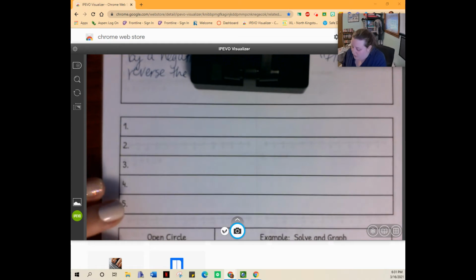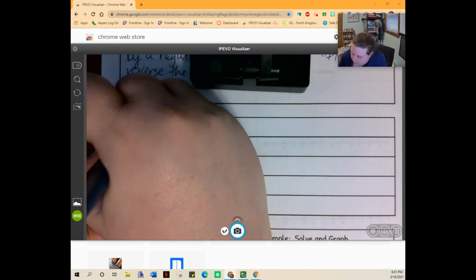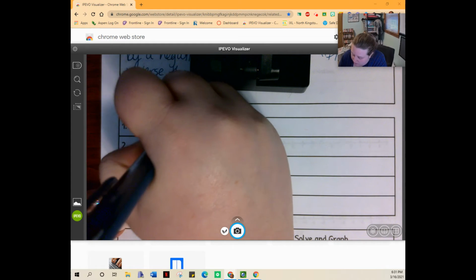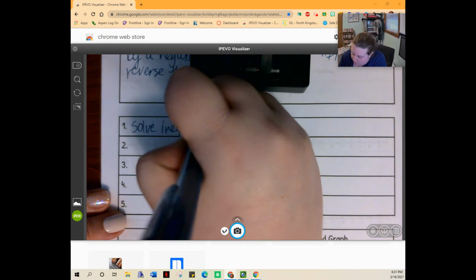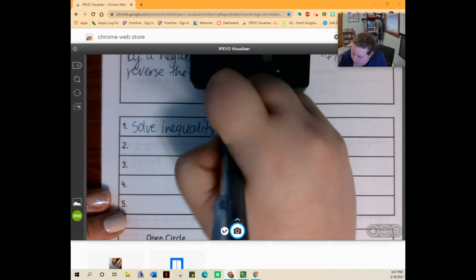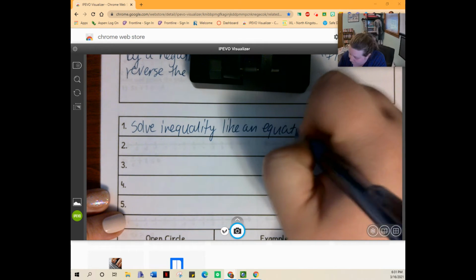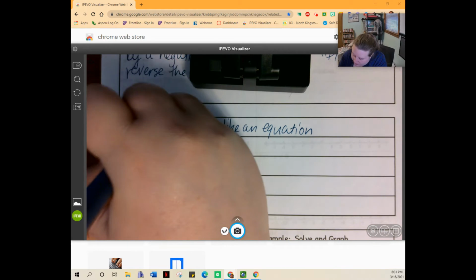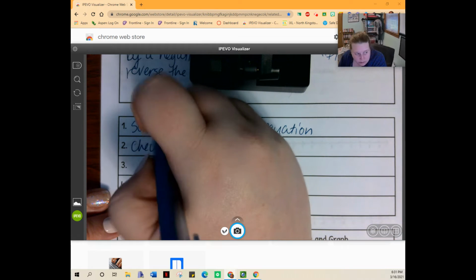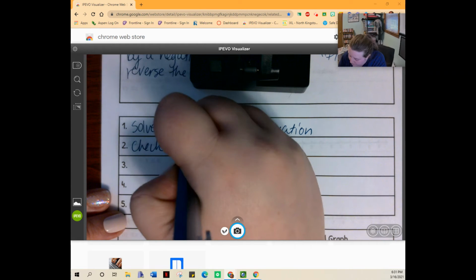So step 1, we're going to solve the inequality like an equation. Step 2, we're going to check the order.